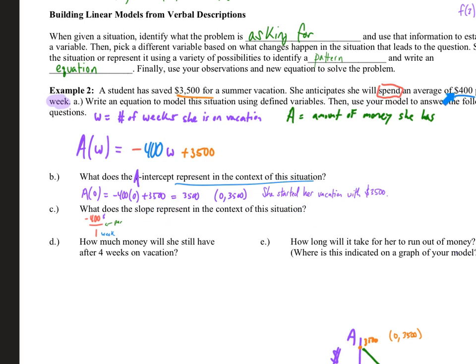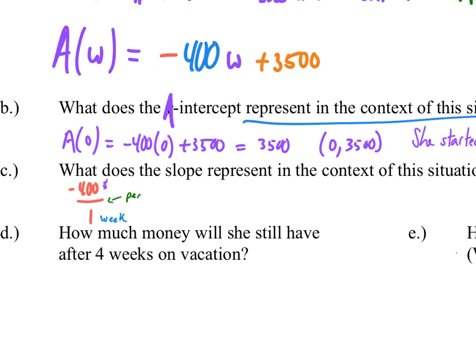Again, they're giving us a lot of this information right now. Later on, with a more complex problem, we'd have to find the slope. This is an easy starter problem, so just see how it's represented in words, how we talk about those things. So, $400 per week, but it's a negative. How do you lose money? You spend it.